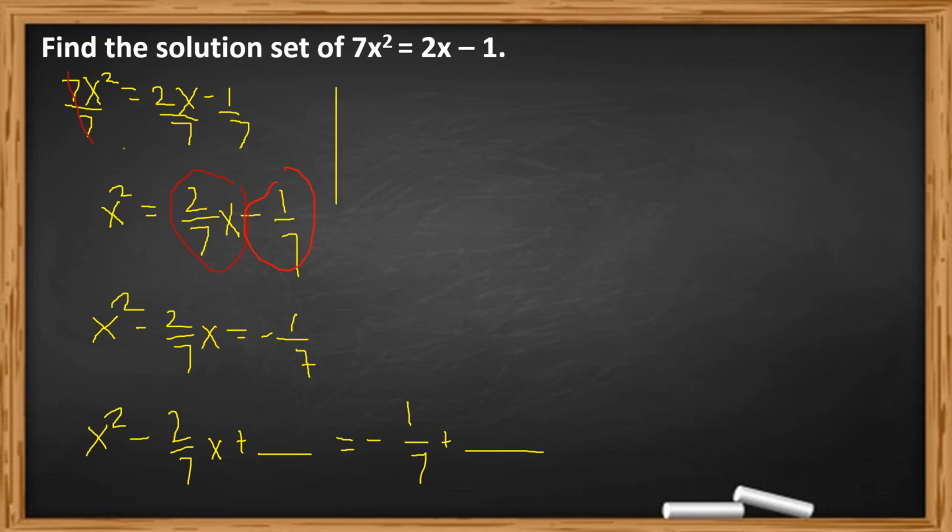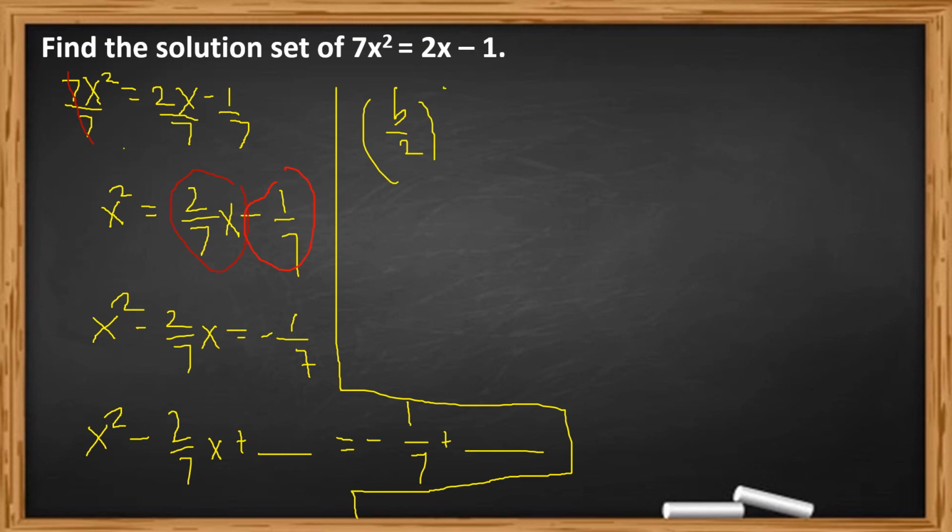Using our formula to identify the last term of a perfect square trinomial, which is b over 2 quantity squared, then substitution, ang b natin sa expression na nasa kaliwa ng equal sign ay negative 2 over 7 quantity squared, and all over 2 quantity squared.